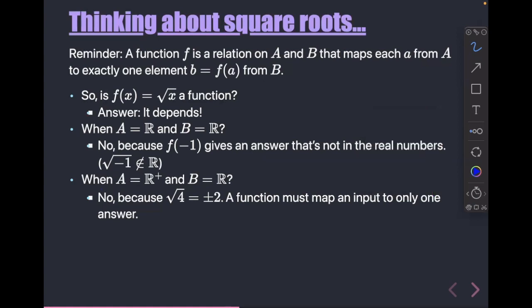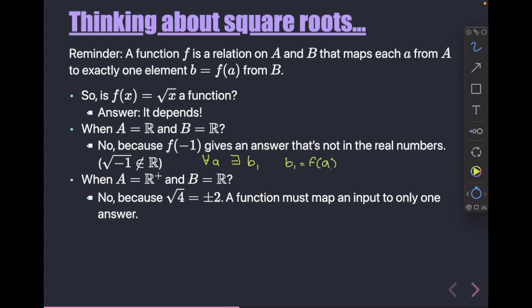Our first property was that there should exist some B1 for all A such that (A, B1) is in f, or I'll just write it like B1 equals f of A.